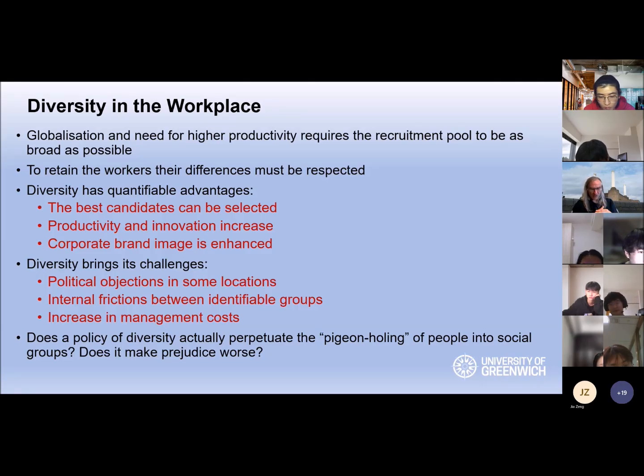So I mentioned before that diversity should be about treating people equally. If your diversity is based on stereotyping, and you're trying to employ workers from India because Indian workers have a reputation for being good with numbers and being hardworking for very little pay, then you're stereotyping them.